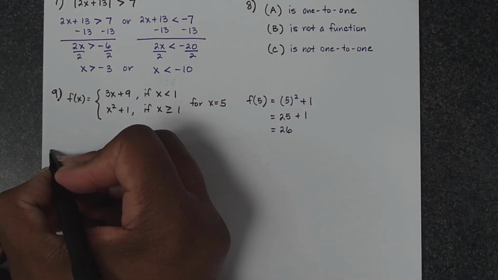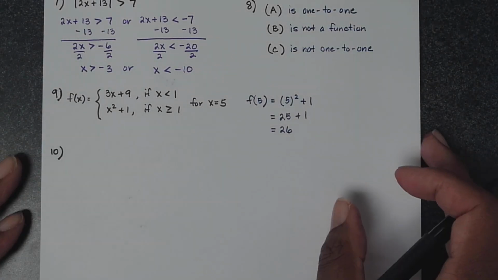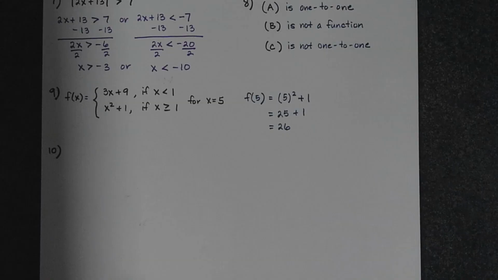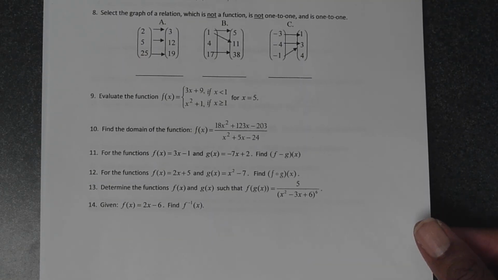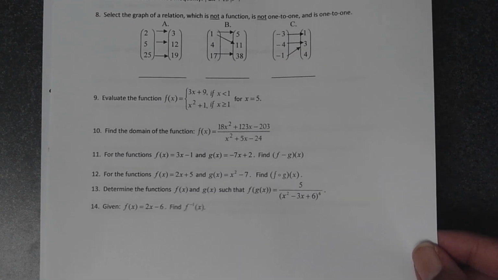Right. Problem number 10. Now here we have a function where we're going to find its domain. We got f of x is equal to 18x squared plus 123x minus 203 divided by x squared plus 5x minus 24.